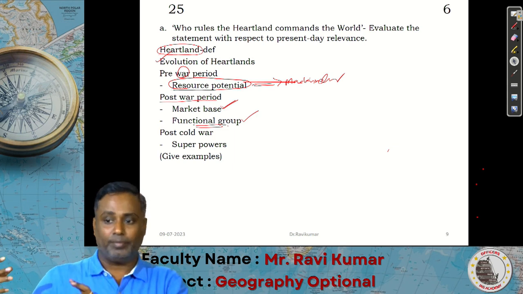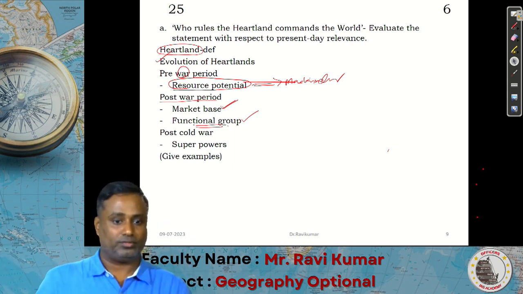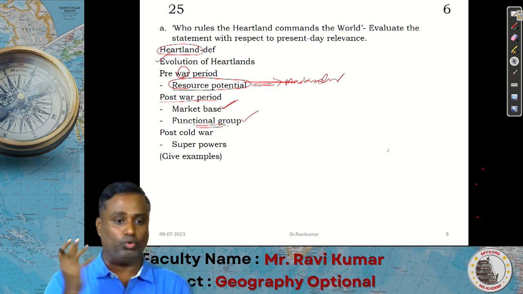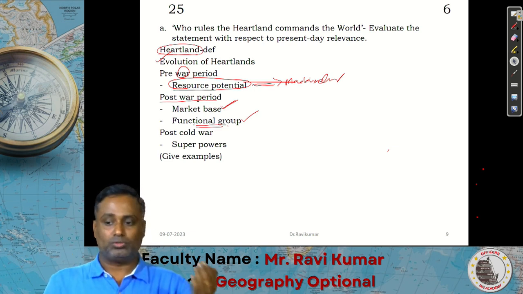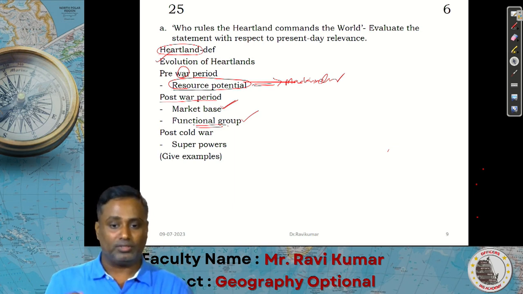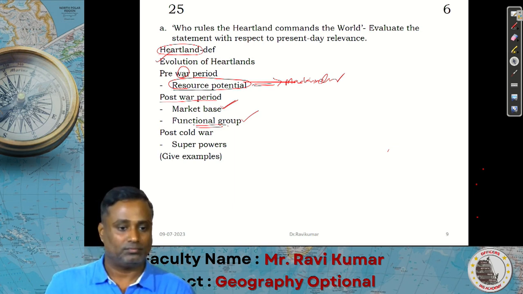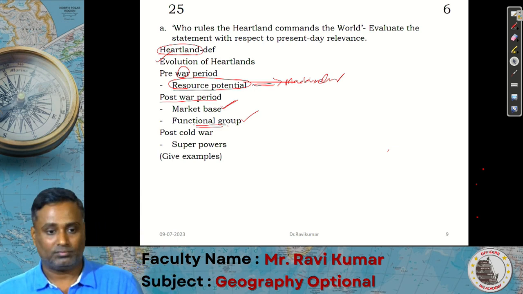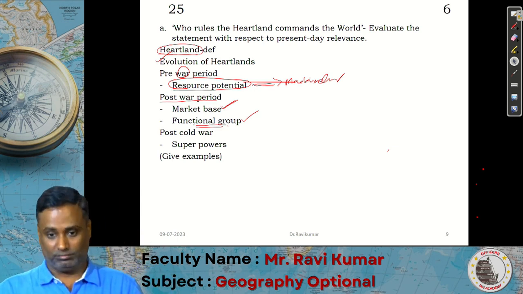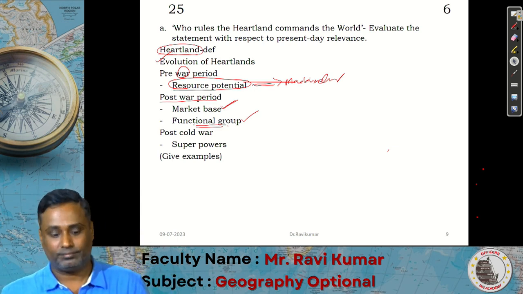Now ASEAN becomes a heartland based on my ideology. ASEAN is a functional group. Anybody who wants to bring something to South Asia should have a good relationship with SAARC. Otherwise, they cannot enter any of the SAARC countries. Now the functional group becomes a heartland.